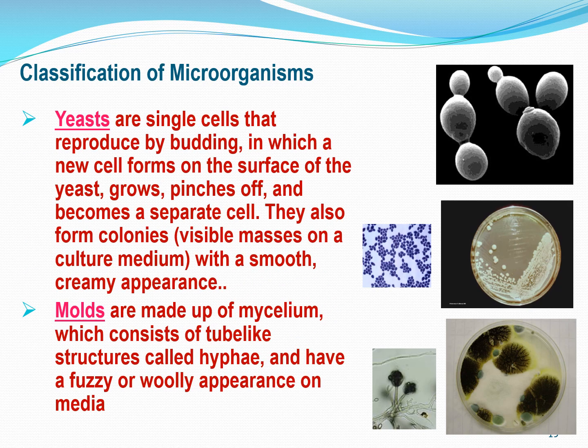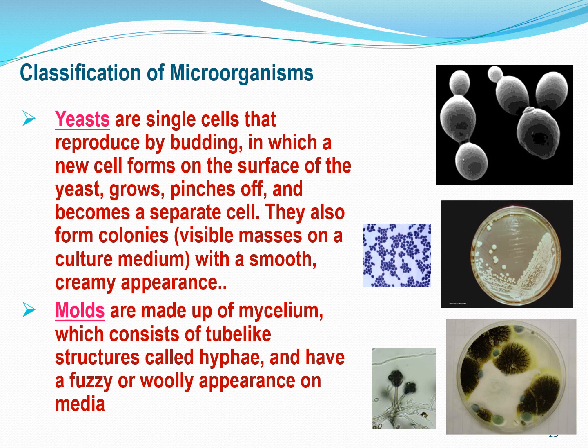Yeast are single cells that reproduce by budding. And you'll see that picture right there at the top over to the far right, that little bud that comes out to the top. You'll see it referred to as budding yeast, right? That's how they reproduce, in which a new cell forms on the surface of the yeast, grows, pinches off, and becomes a separate cell.